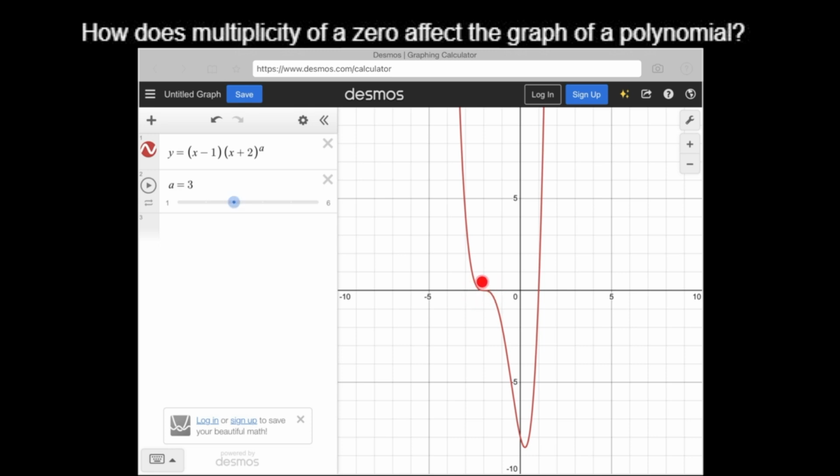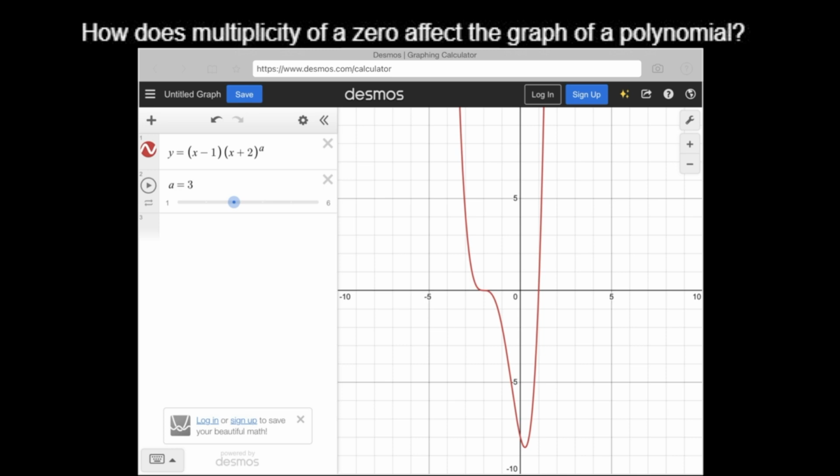You see we are going through the x-axis. The root from the x minus 1 is still doing the same thing, going straight through. But right now for the x plus 2, as I change its multiplicity, the shape of the graph is changing at its connected root.